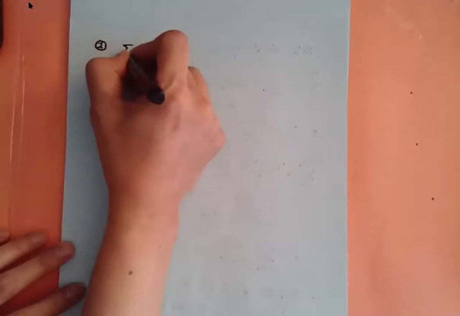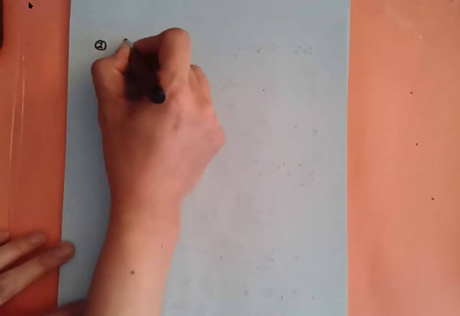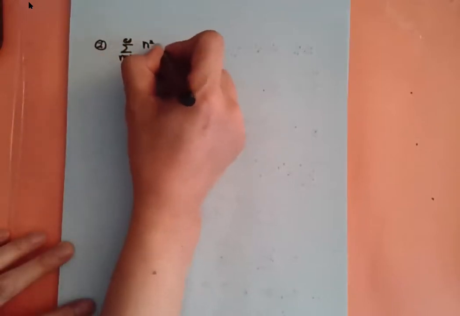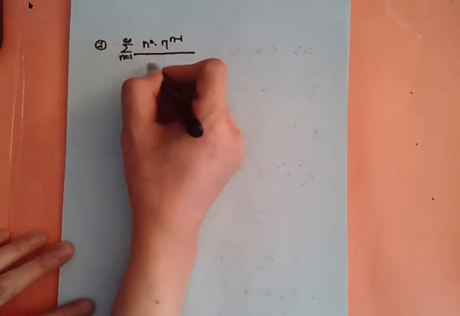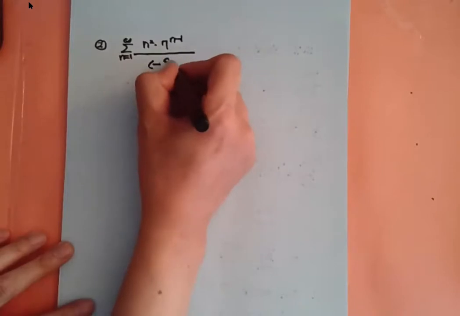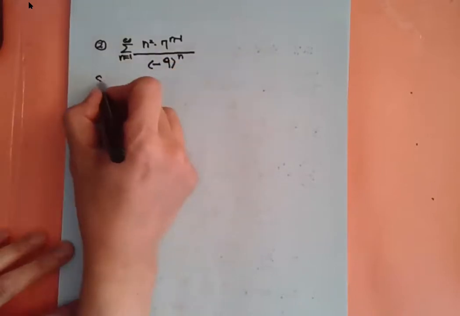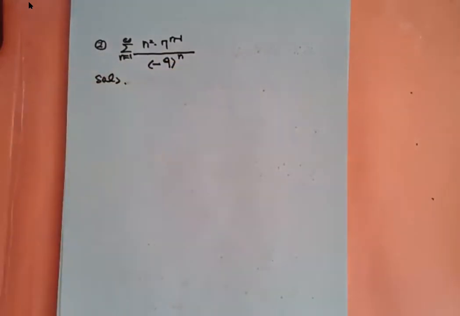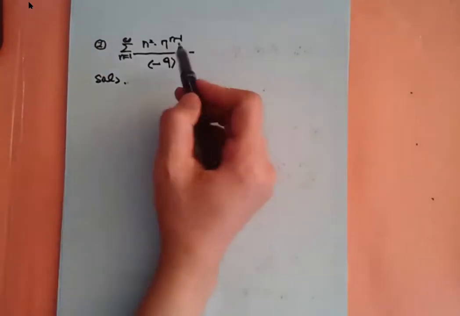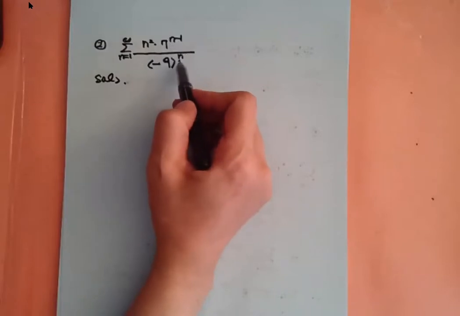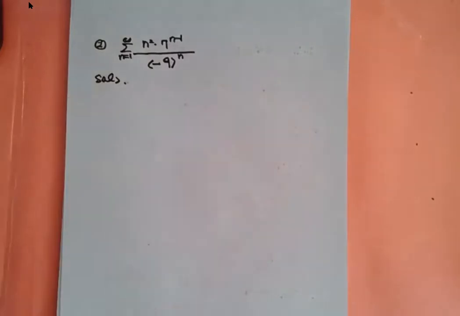Next problem is the summation from n equals 1 to infinity of n squared times 7 to the n minus 1 power over negative 9 to the n power. If you look at the pattern, the first thing you may notice is there's an n minus 1 power and an n power. So you may wonder whether the root test is the best test to apply.